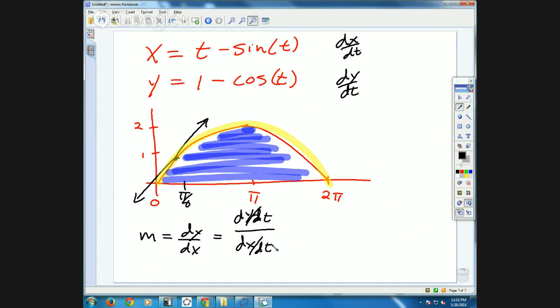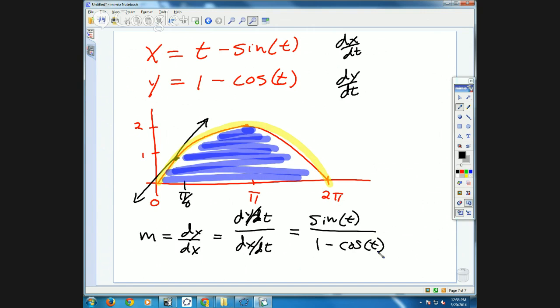So what is dy/dt? Derivative of y with respect to t: the 1 goes away, and the derivative of cosine is negative sine, so that's going to be positive sine t. Then in the bottom, the derivative of t is 1 minus the derivative of sine, which is cosine t. So it's not quite the tangent.